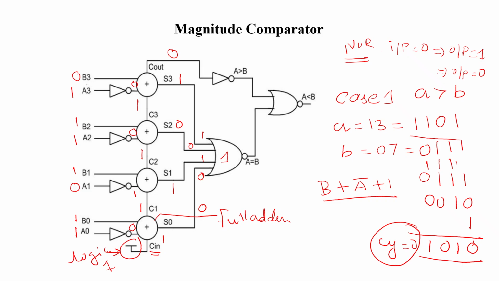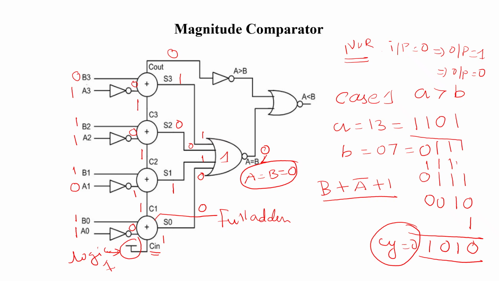So now here the input is 1, 0, 1, 0. So the output of the first NOR gate is 0. This 0 is assigned to A equal to B. So A equal to B is 0. In this condition, A value is not equal to B.